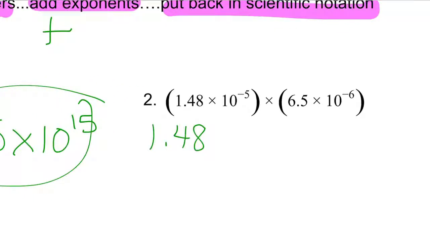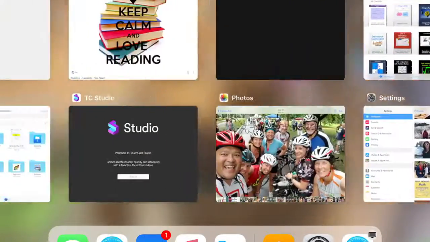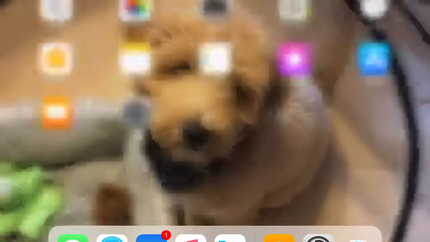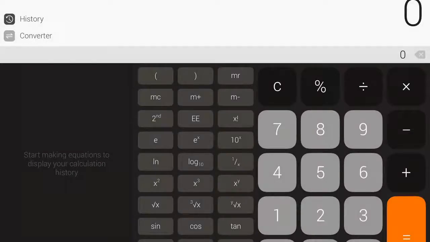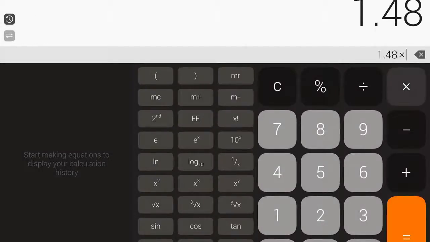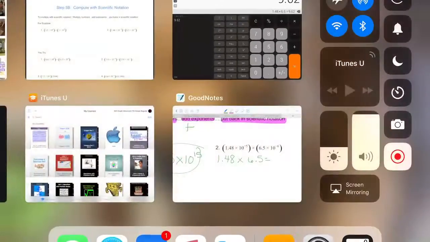1.48 times 6.5. Obviously, on something like this, we would use our calculator. So let's get our calculator out. Okay, 1.48 times 6.5 is equal to 9.62.